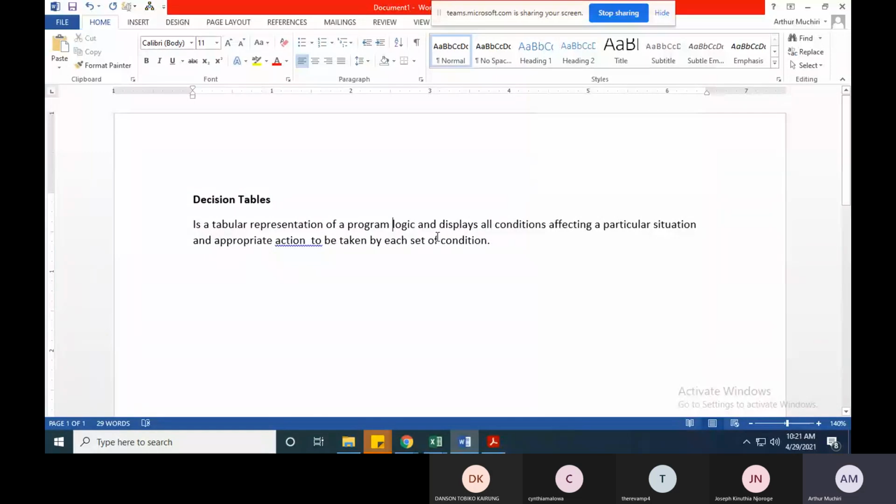Do I have another definition? Of course, I have many notes on this one. I can also give another definition for decision tables.